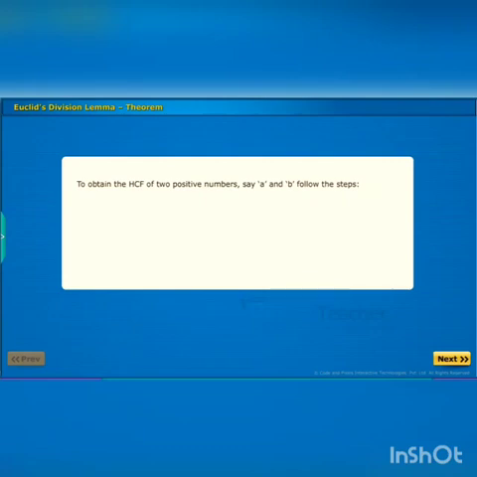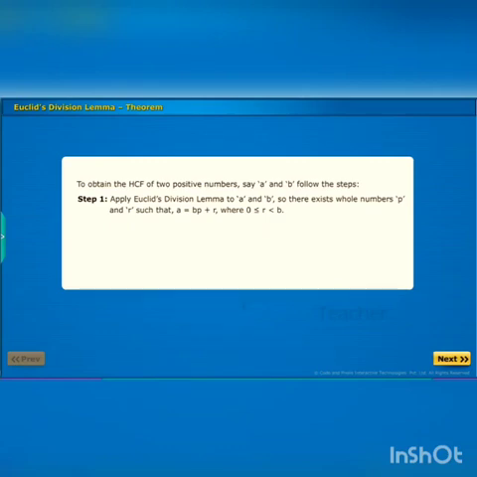To obtain the HCF of two positive numbers, say a and b, follow these steps. Step 1. Apply Euclid's division lemma to a and b, so there exist whole numbers p and r, such that a is equal to bp plus r, where 0 is less than or equal to r, which is less than b.